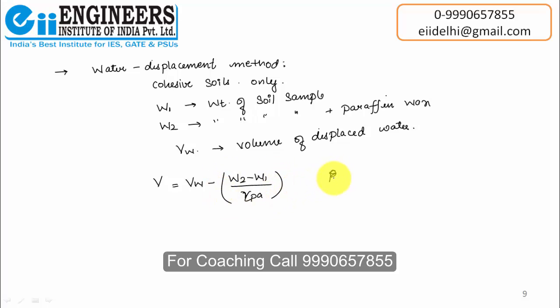Here gamma PA is the unit weight of paraffin wax. Now we know the weight, we know the volume, so we can easily find our bulk density, W1 by V. So these are the three methods which are generally used for determination of in situ density.